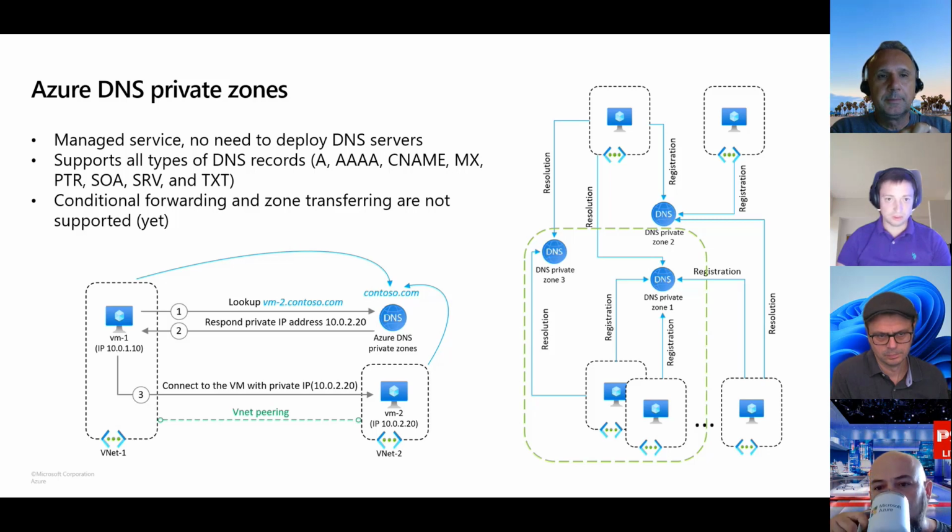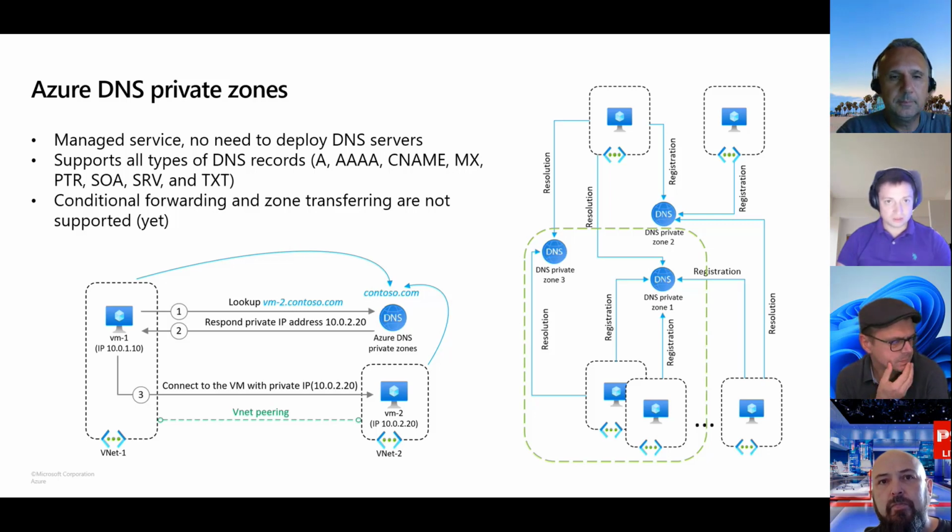Yeah, very good. So just in a nutshell, to recap about private zones. Private zones allow you to bring a custom domain, like contoso.com. They allow you to automatically create the entries for all the network resources. They allow you to resolve names across different VNets.